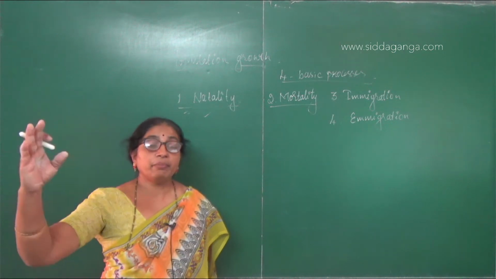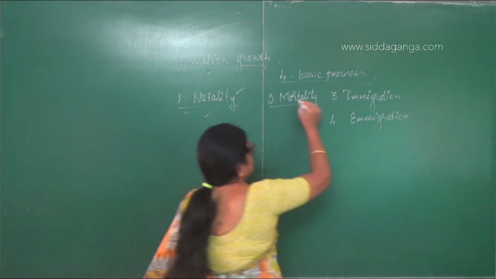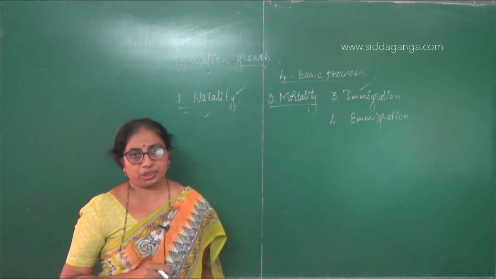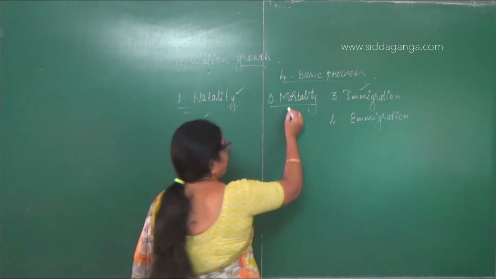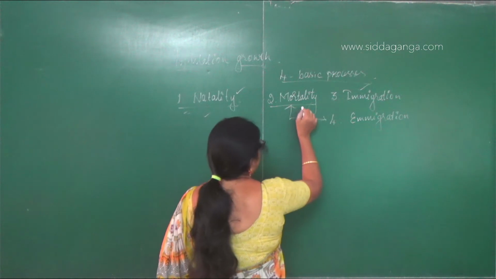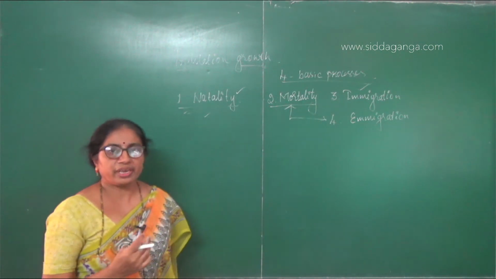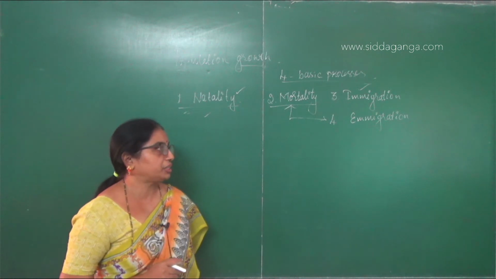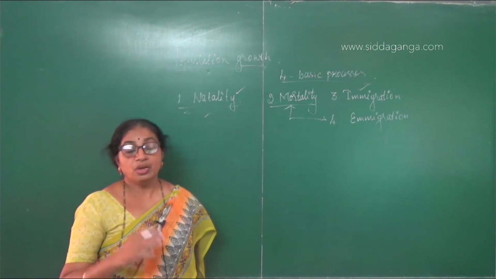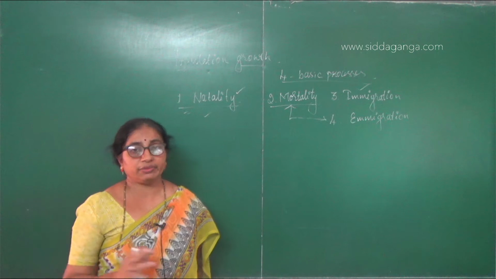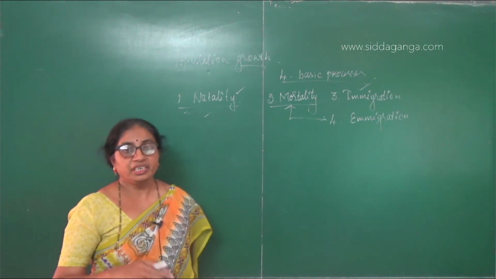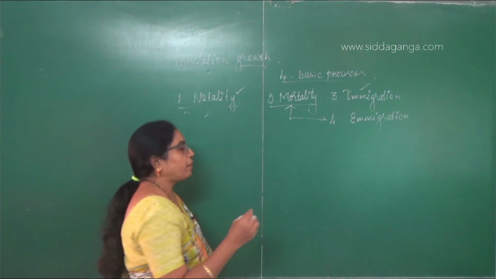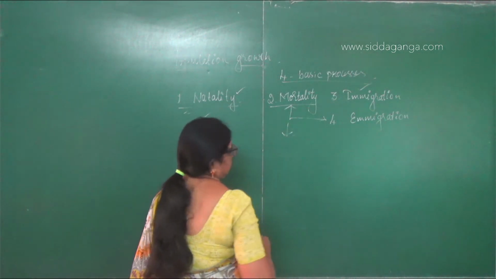Therefore, natality and immigration bring about an increase in the population size, whereas mortality and emigration, so during mortality, the number of individuals is lessened in a particular habitat, and during emigration also, because the individuals move elsewhere from that particular habitat, there will be a reduction in the number of individuals, thereby decreasing the population size.